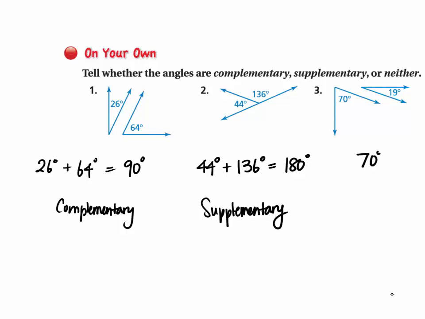Last one, if you have 70 degrees plus 19 degrees, that's 89 degrees. And we don't have a name for that. That's not complementary. That's not 90 degrees. That's not 180 degrees. So this one is neither.